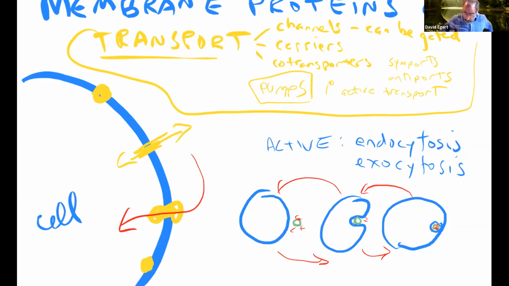Another thing you can do with endo and exocytosis is actually not even use it to take things in or out, but just to change what kind of membrane proteins are there. For instance, let's say here's my cell.